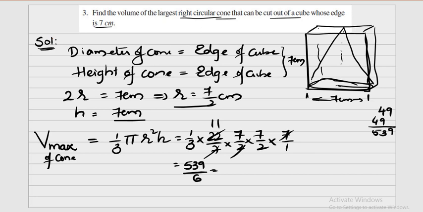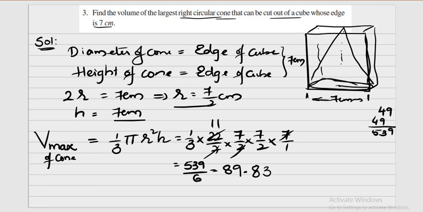Now in the 6 table, 6 8s are 48. 48 means 5 is left, so 59. 6 9s are 54, and 5 is left again, so we have taken a decimal point, so 50. 50 means again 6 8s are 48, followed by 2, so 20, which we can take as 18, since 6 3s are 18.